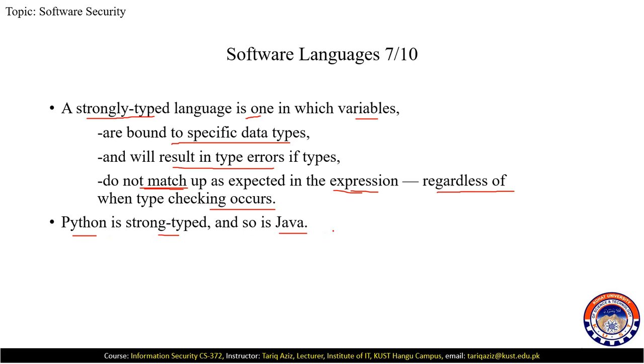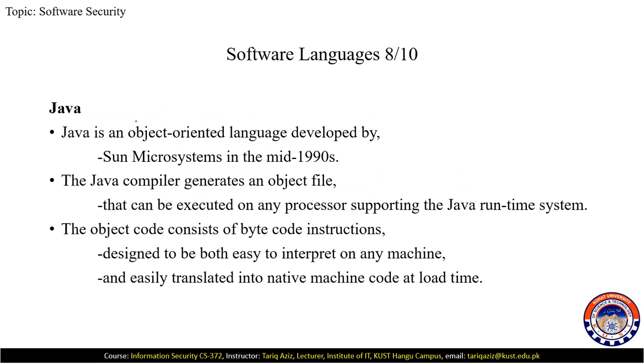Okay, now dear students, the next language is Java. We also said a couple of minutes before that Java is an object oriented language, and this language was developed by Sun Microsystems in the mid 1990s. Some of the features of Java are that the Java compiler generates an object file.